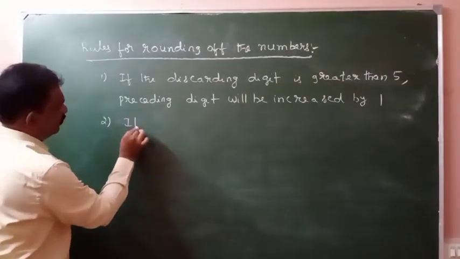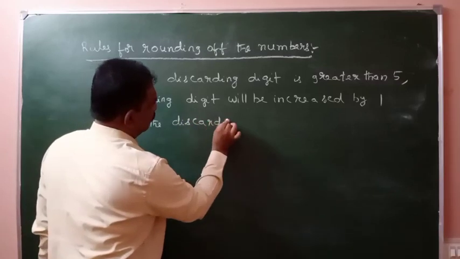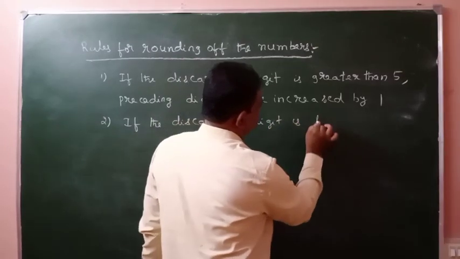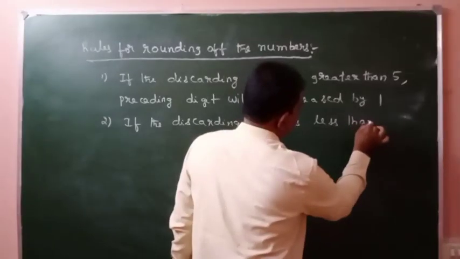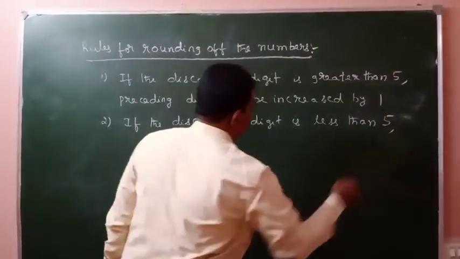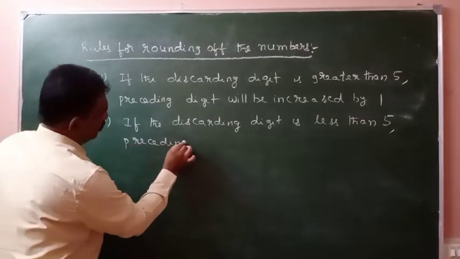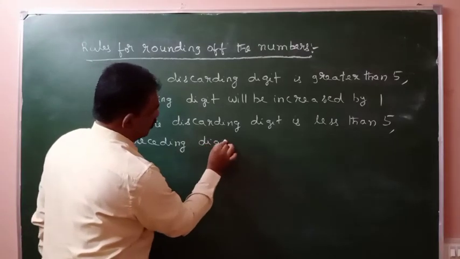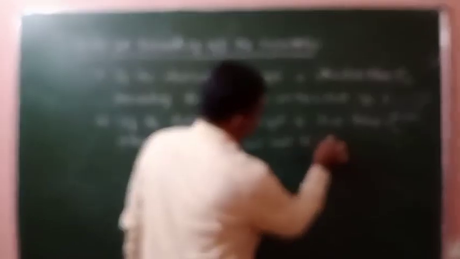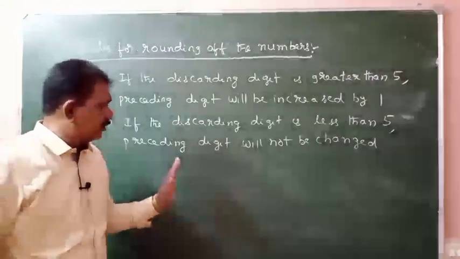If the discarding digit is less than 5, preceding digit will not be changed. Preceding digit will not be changed.